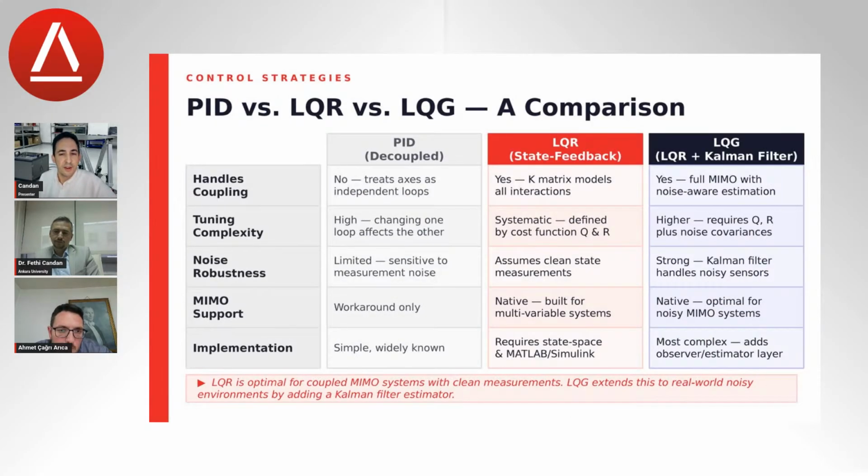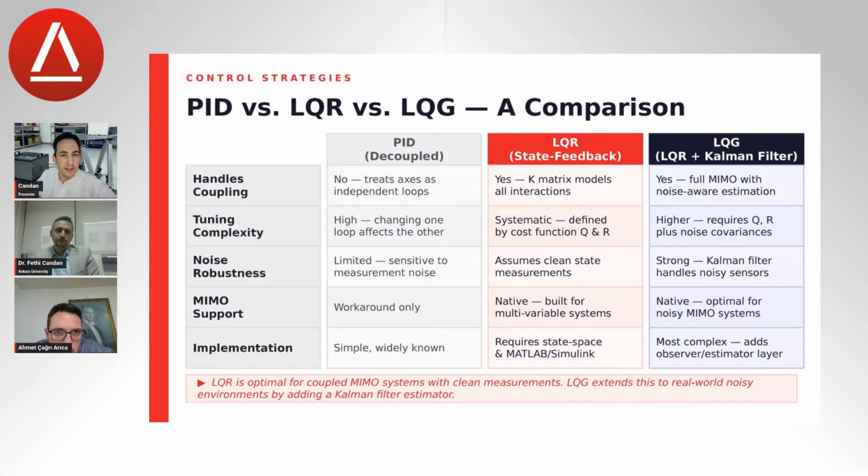So we have a small comparison between the methods that we discussed. If you notice, we are comparing the LQR, and also the LQG version, which includes an additional Kalman filter to get rid of the noise in the system, which is inherently available. Although for our setup it is much less, it is always there.